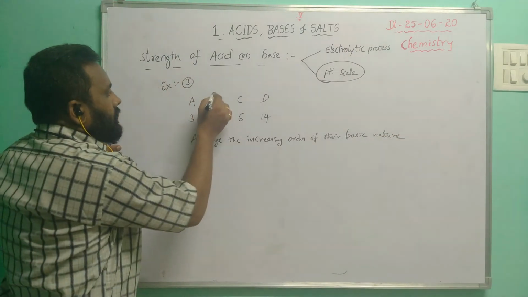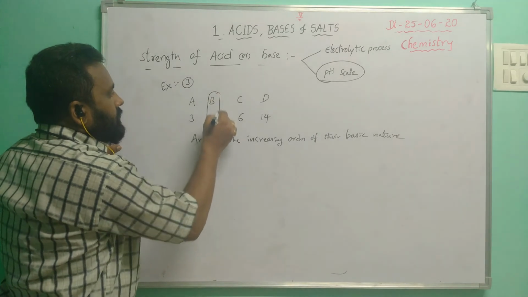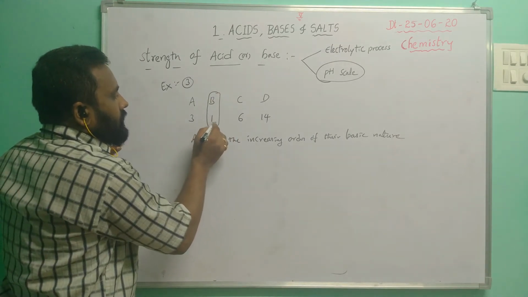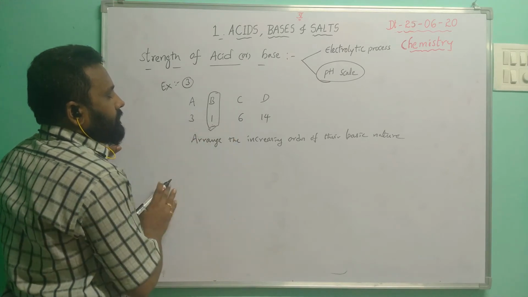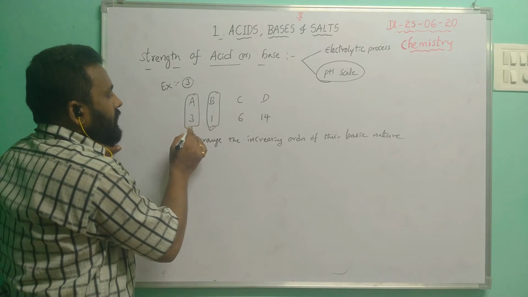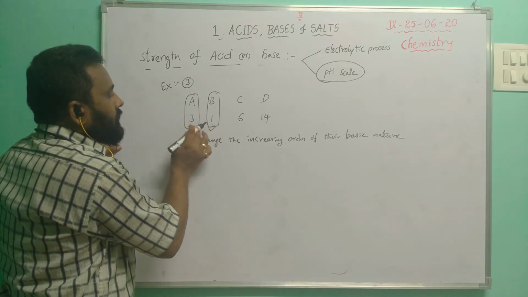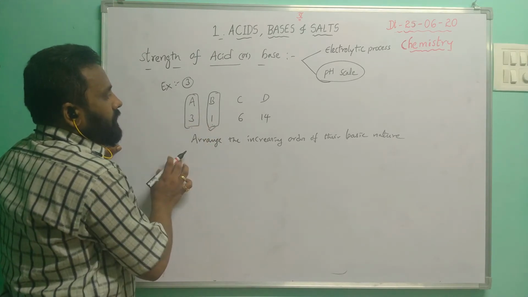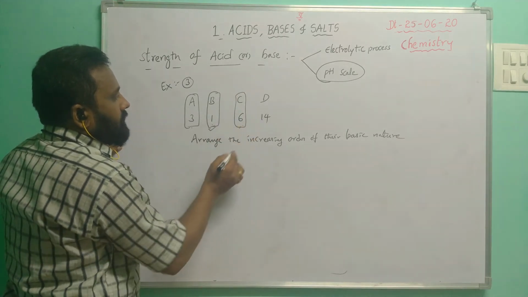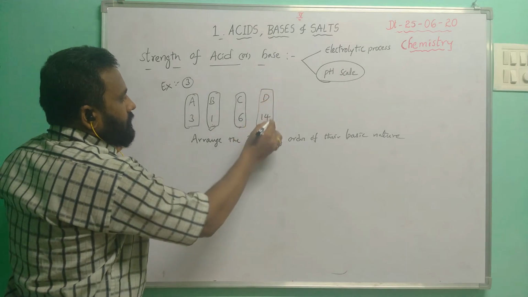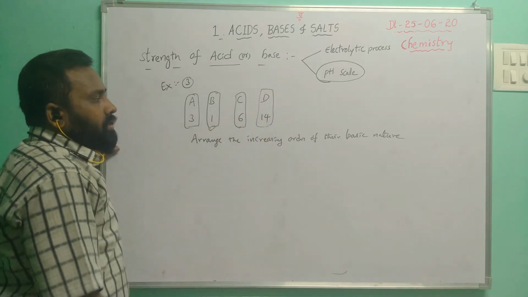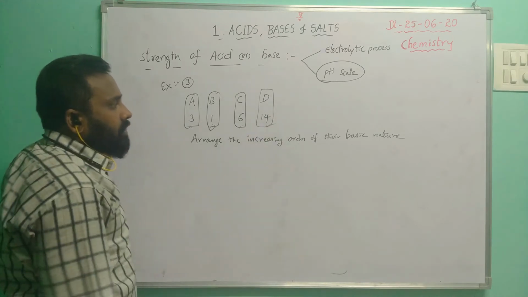pH is less than 7 and this is the strong acid. This pH is also less than 7, this is the first acid. Compared to this one, this is the weak acid. This is also an acid, pH less than 7. This one is basic, pH equal to 14, a strong base.